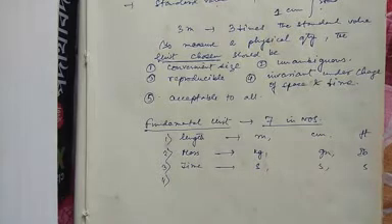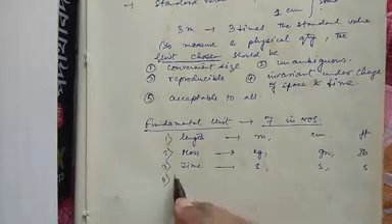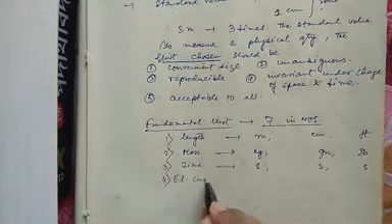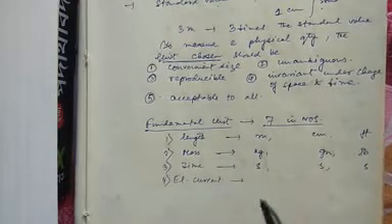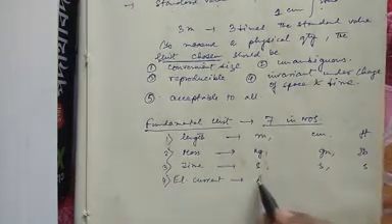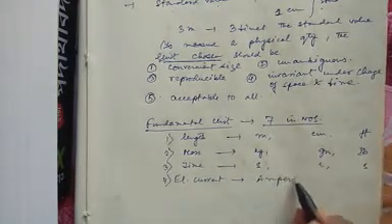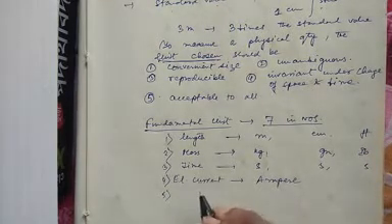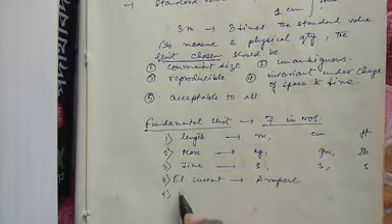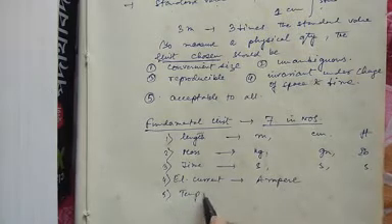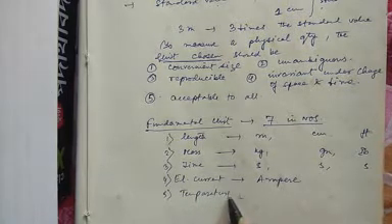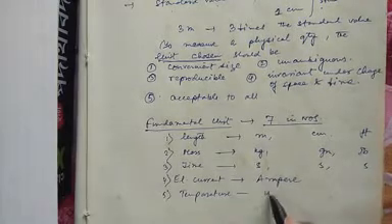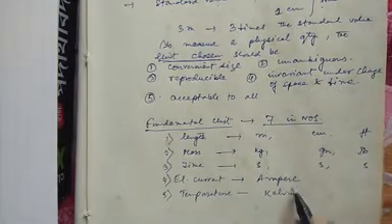Fourth one we can write electric current. Electric current unit is ampere. Thermodynamic temperature, we can write only temperature, expressed in Kelvin.